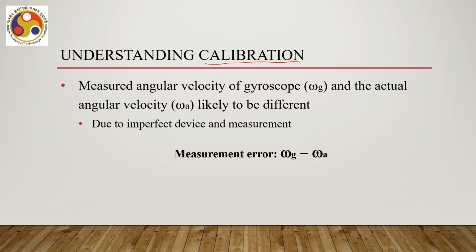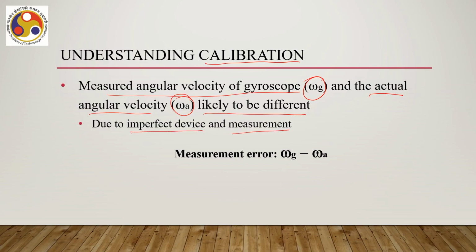So, the measured angular velocity of the gyroscope, let us call it omega g, and the actual angular velocity, let us call it omega a, are likely to be different. We are assuming that our sensors are not perfect. Due to the imperfect device and the measurement technique that we are adopting, the difference comes.